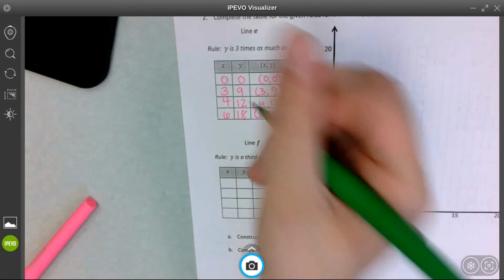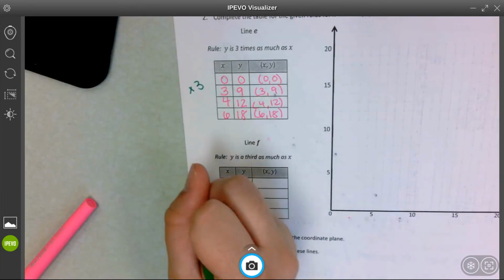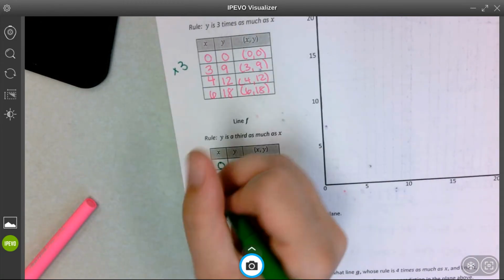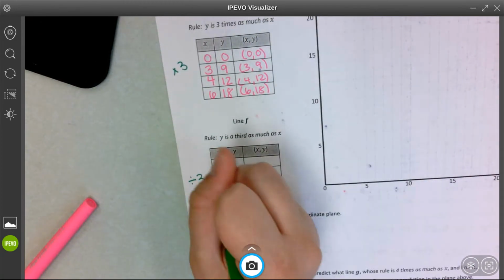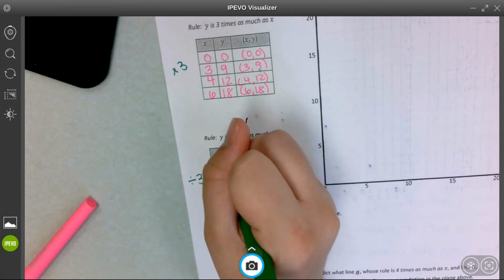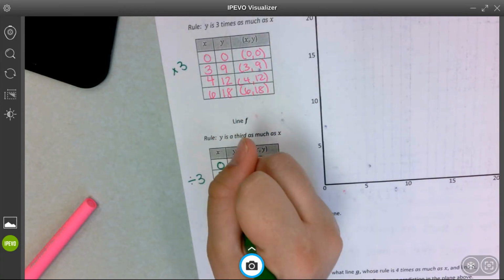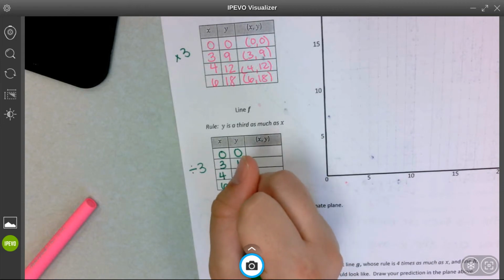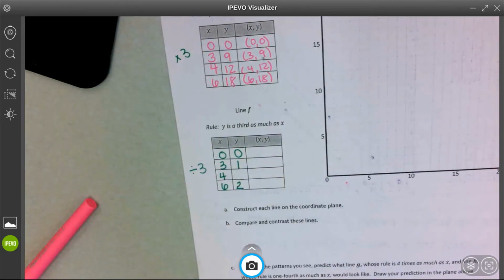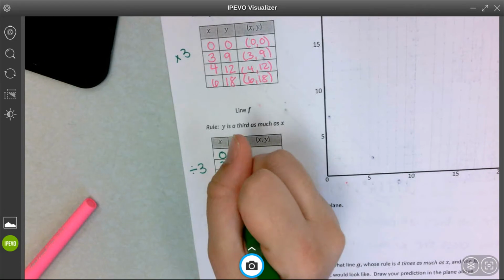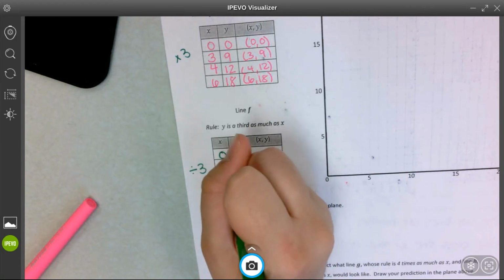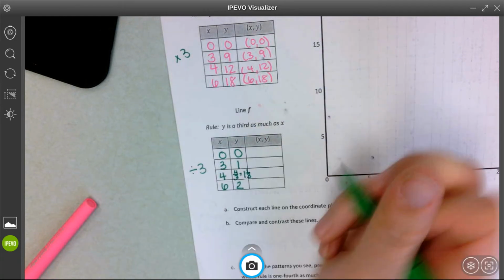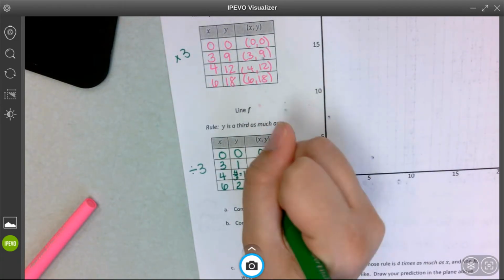So instead of multiplying by 3, we're going to divide by 3 here. So again, if I have 0, 3, 4, and 6, 0 divided by 3 is 0. 3 divided by 3 is 1. 4 we'll come back to, and 6 divided by 3 is 2. So 4 divided by 3, the easiest way we could write that is 4 thirds, and then reduce that to be 1 1/3.